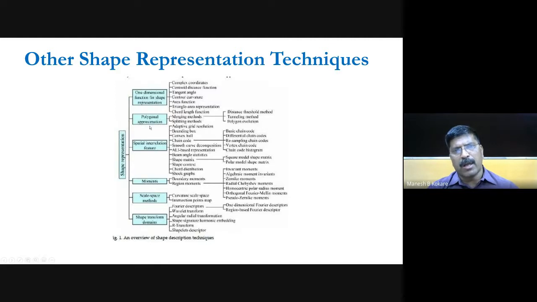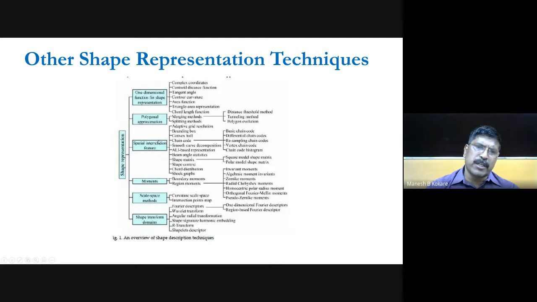Then polygonal approximation is another technique which is available in the literature, like the merging method. In that merging method, there are further 3 techniques, like the distance threshold method or tunneling method or polygon evolution. Then splitting method is also there. Then the third one is spatial interrelation features.